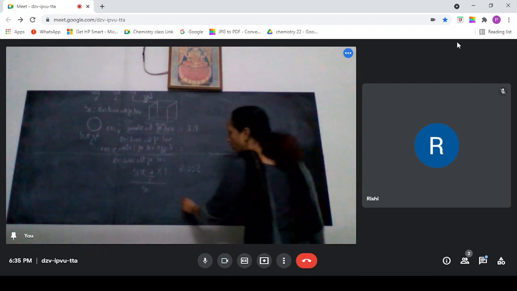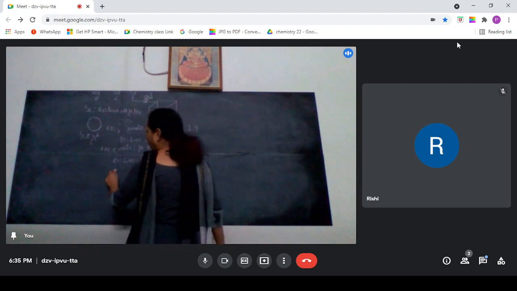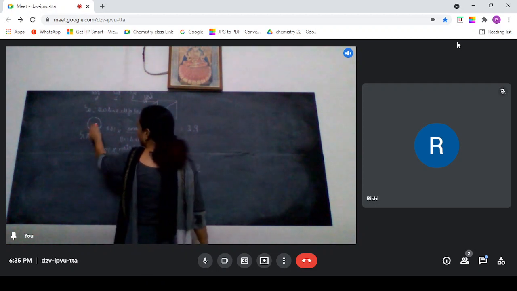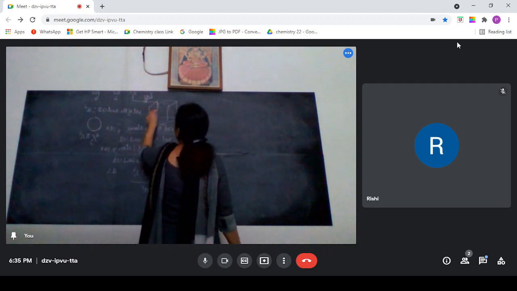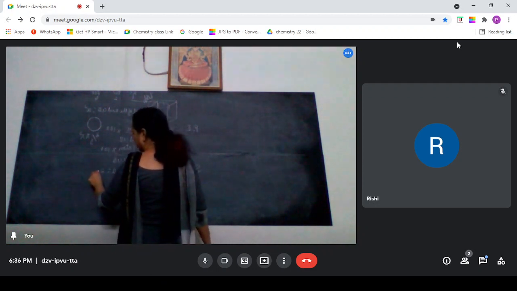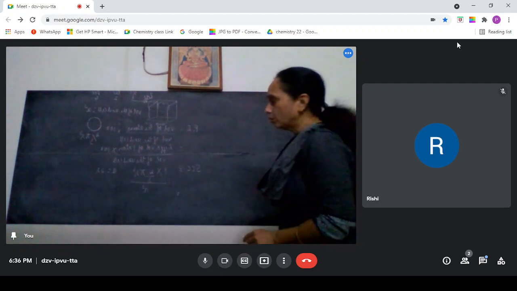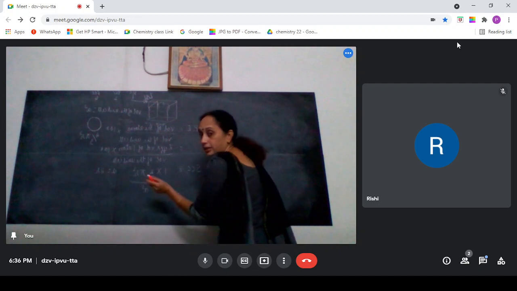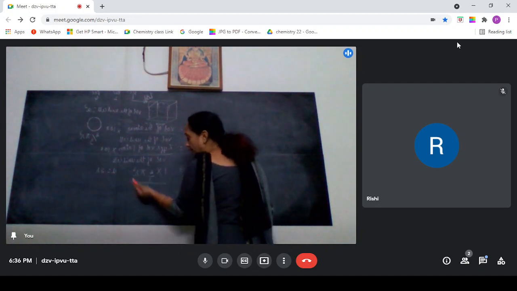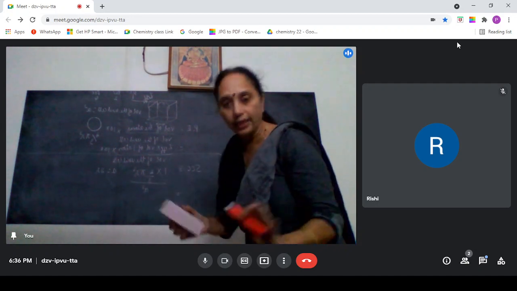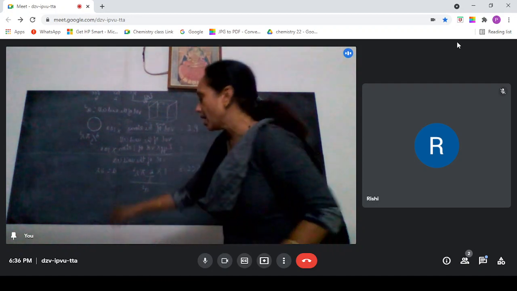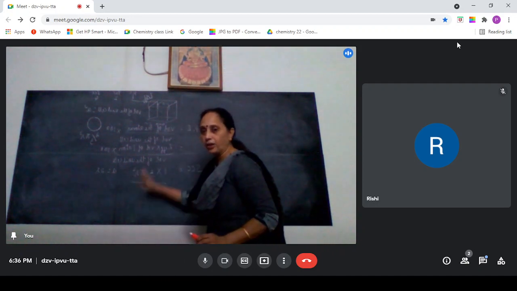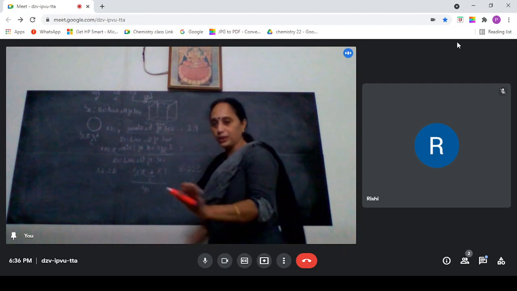Write down this. But for a simple cube, A equal to 2R. So I have to take it in terms of R. In some books, they have given R in terms of A. Both are correct. Either you put R in terms of A and calculate, or A in terms of R, both mean the same.